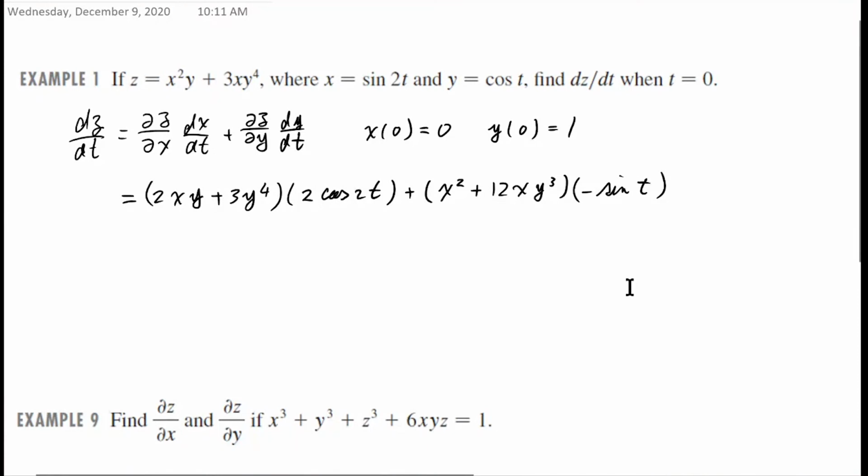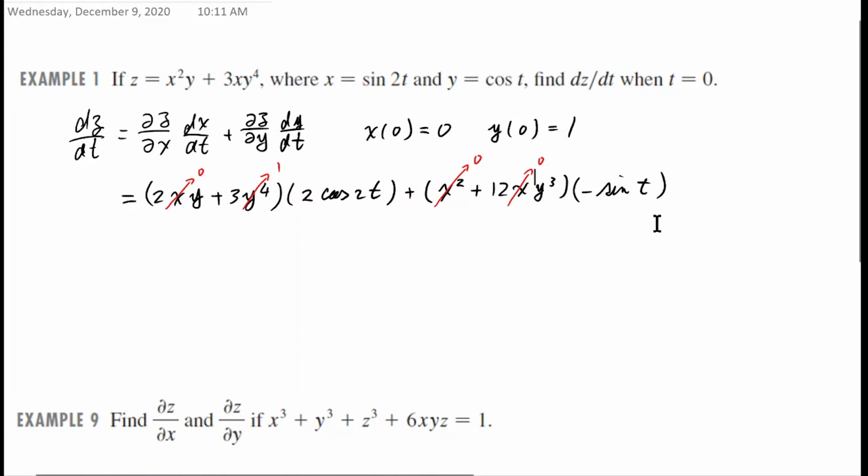You know what I'm saying? So let's see what happens. This is 0. This is 1. This is 0. This is 0. So the entire second term dies. Besides, t is equal to 0 here, so we really don't have to bother.